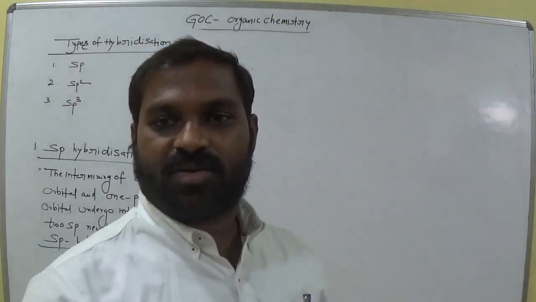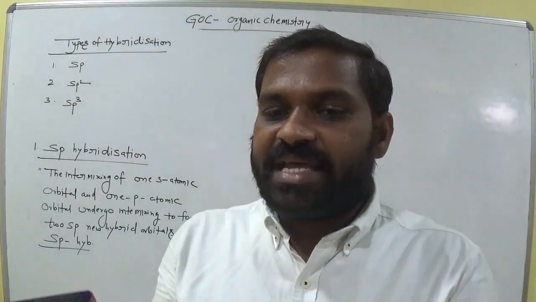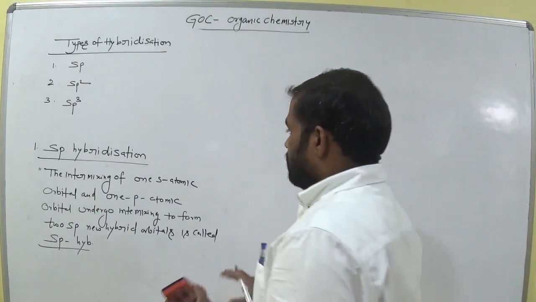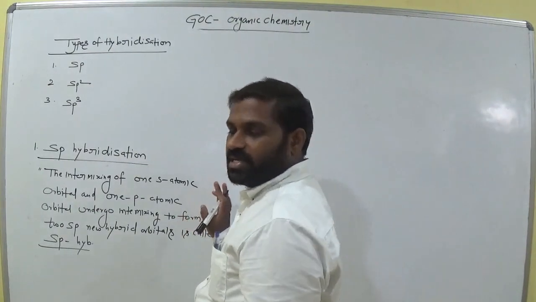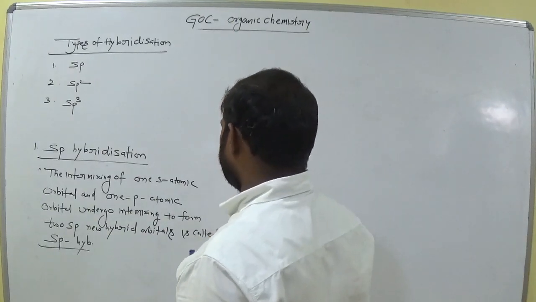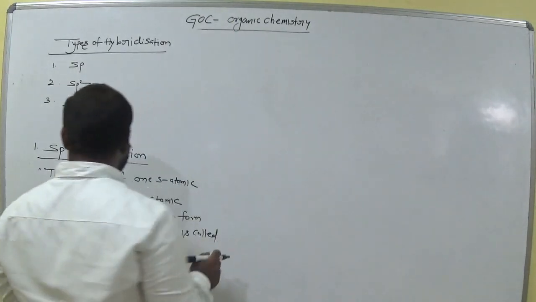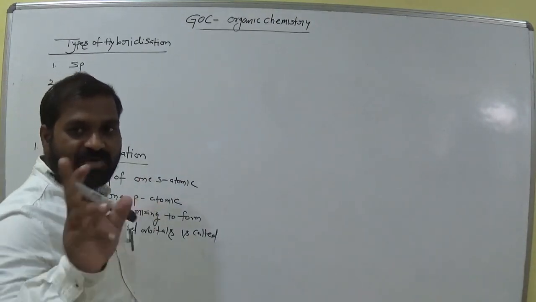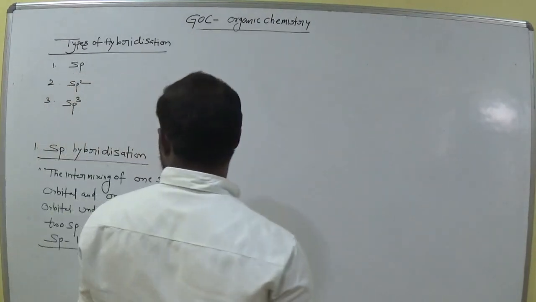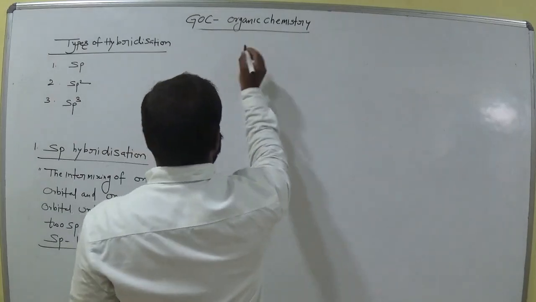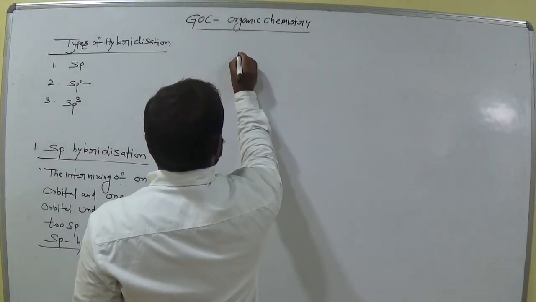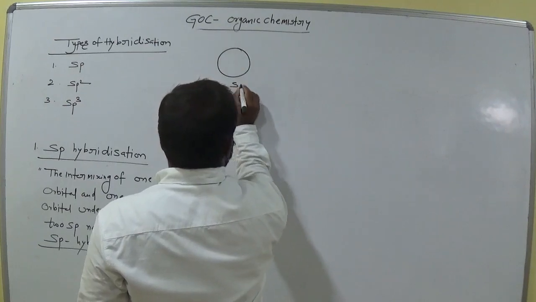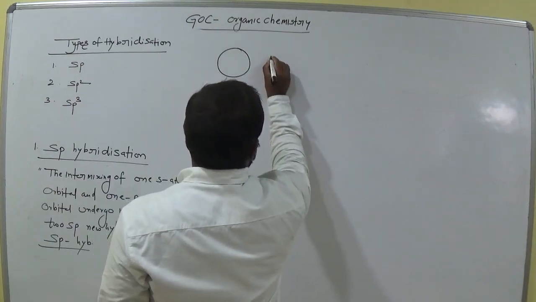Why do orbitals undergo intermixing? Intermixing means they distribute their energies equally. That we call overlapping also here. So how many sp hybrid orbitals are generated? Two. Why? Because one s and one p orbital are involved. That is called sp hybridization. Let's see. This is the s orbital, spherical in shape.